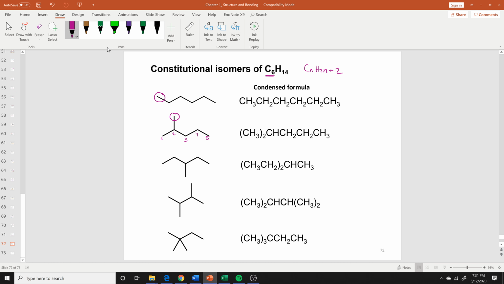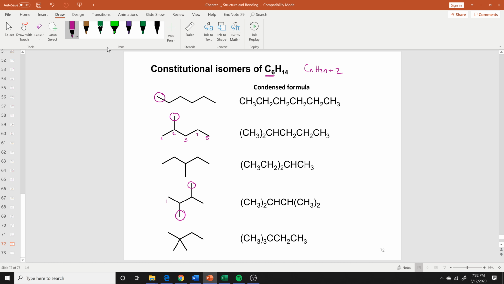If you end up forming the same structure, then you didn't do anything. Now if I take the CH3 on carbon number 2 and put it on 4, it's still the same structure in there. I can take 2 carbons out. So once you finish taking 1 carbon and moving it along the chain, take 2 carbons and move them along the chain.